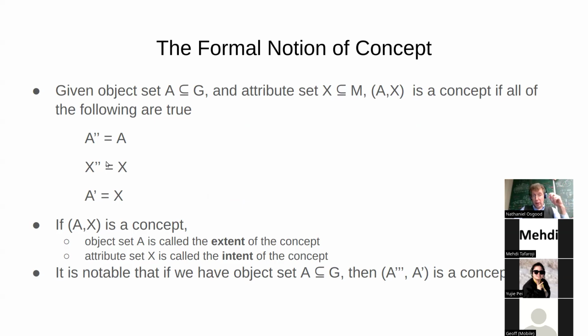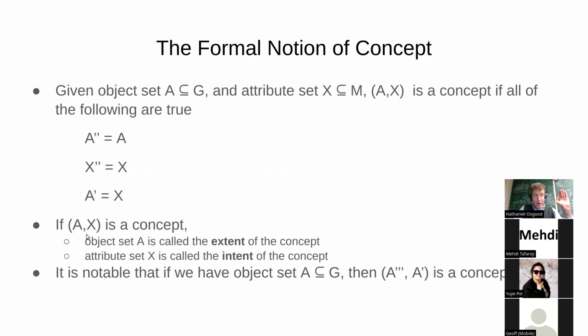And the attribute set is also very particular. If we take that attribute set, we consider all objects that share those attributes. And then we ask, what are the attributes shared by all those objects? It has to be the same. So in some sense, it has the full set of attributes shared by these objects paired with it, all the attributes and none other. And those attributes have to be the attributes of these objects.